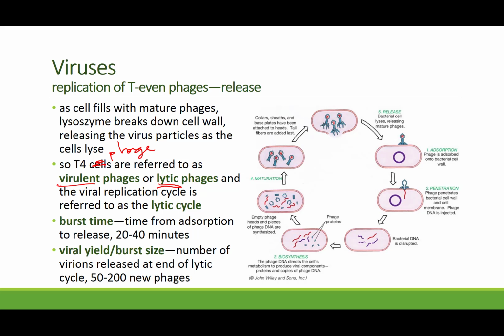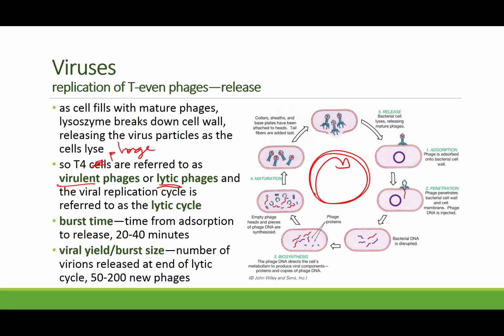And this cycle that we see here, this round and round of infection, adsorption, penetration, synthesis, maturation, release, that cycle is referred to as the lytic cycle. The burst time, the time from adsorption to release, is usually somewhere between 20 and 40 minutes in these T4 cells.